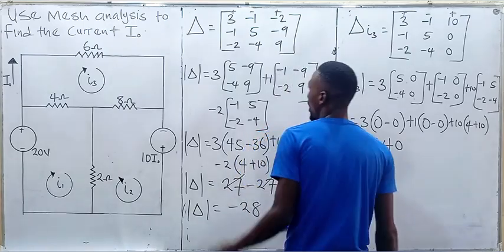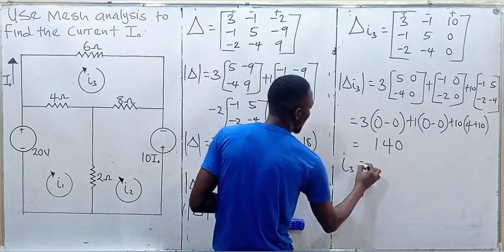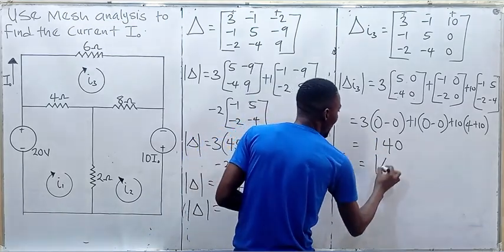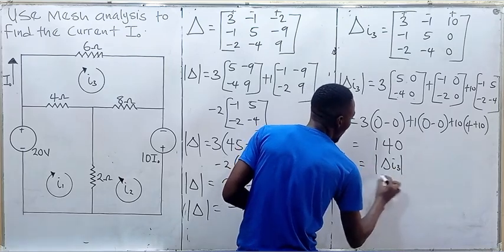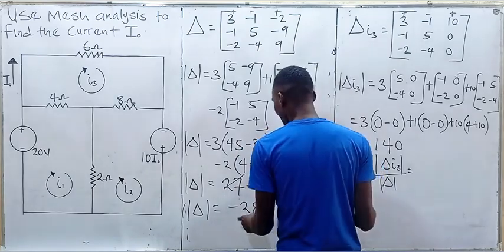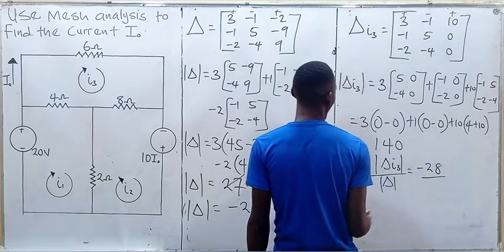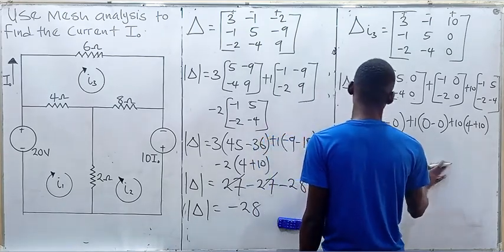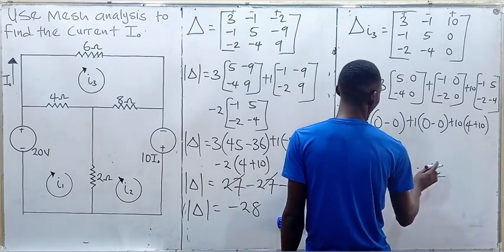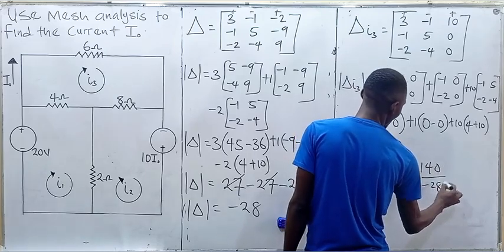All right, so our I naught, our I3 will be equals to the determinant of I3 all over the determinant of our change, and that is negative 28 divided by 140. Sorry, that should be 140 divided by negative 28.